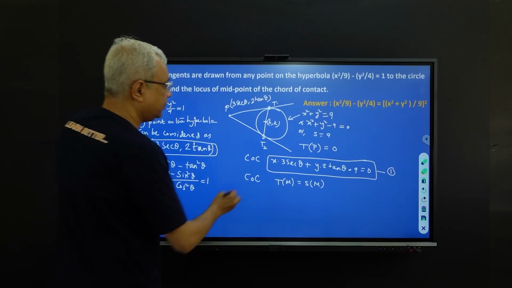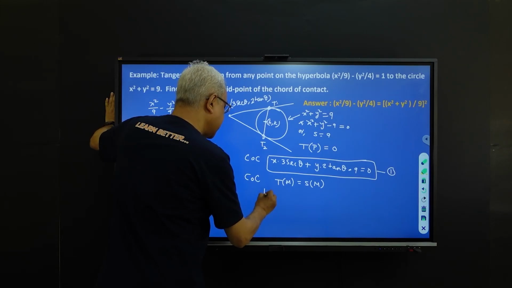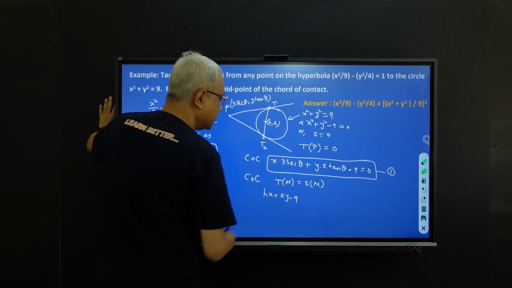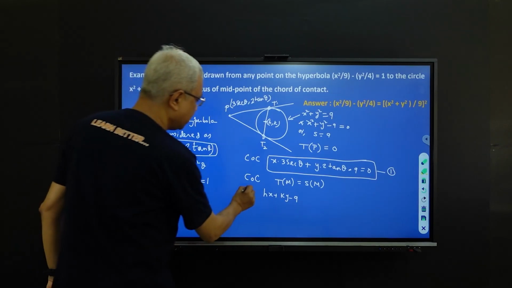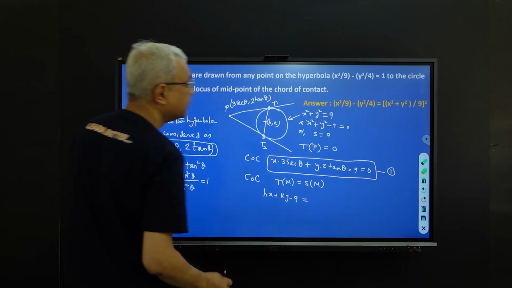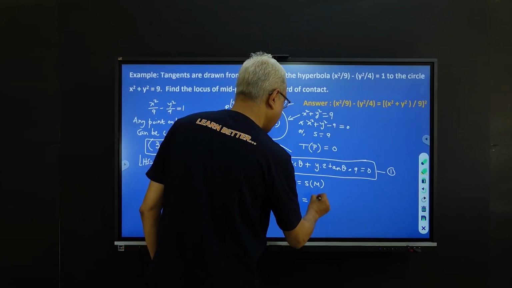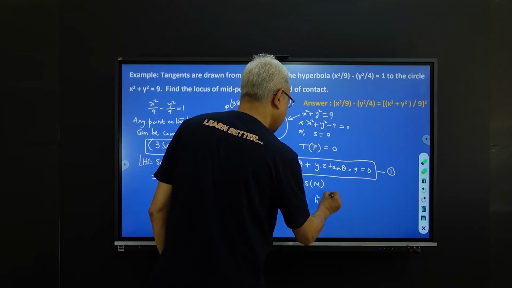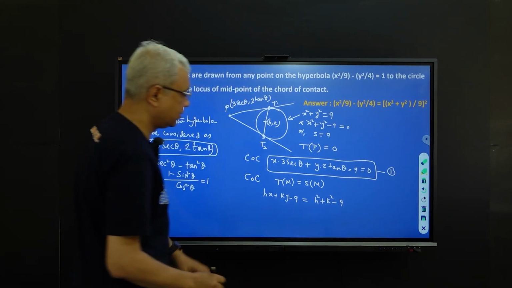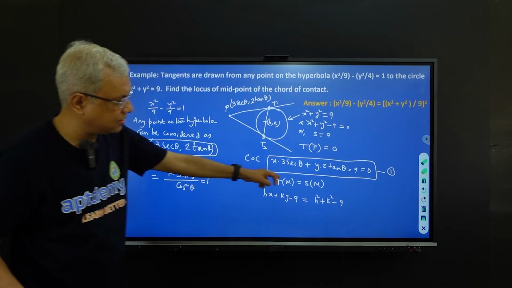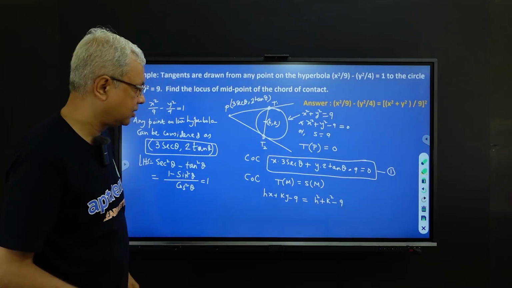It is hx plus ky minus 9, equal to h square plus k square minus 9, applying this technique we have just learned.